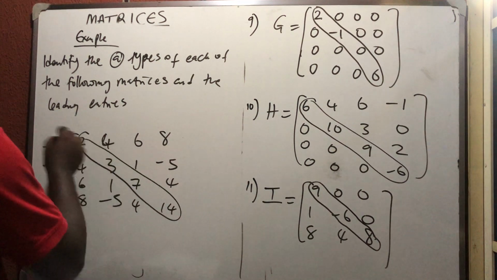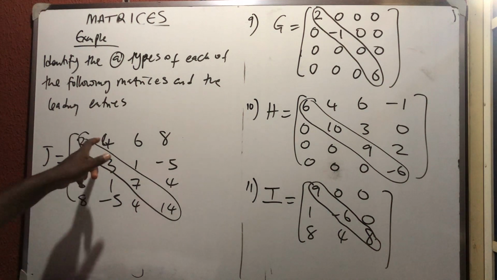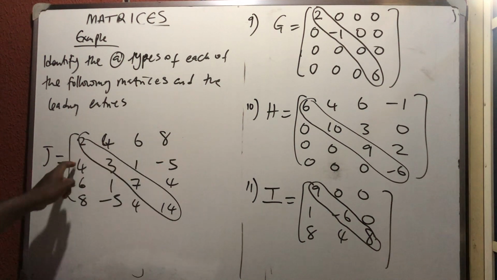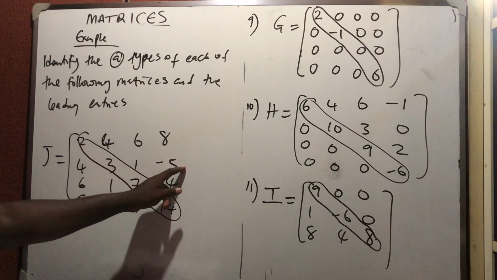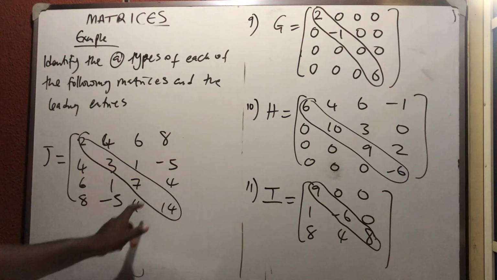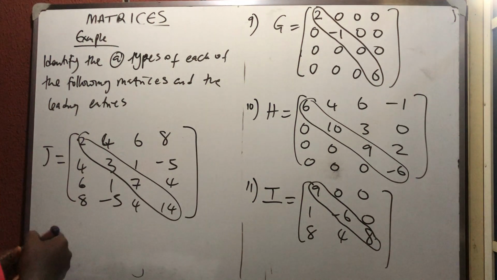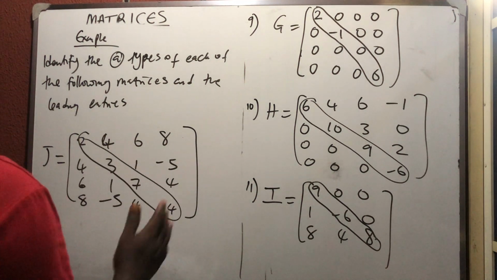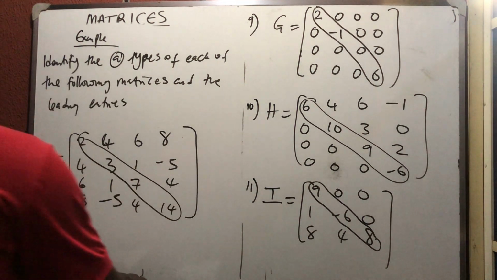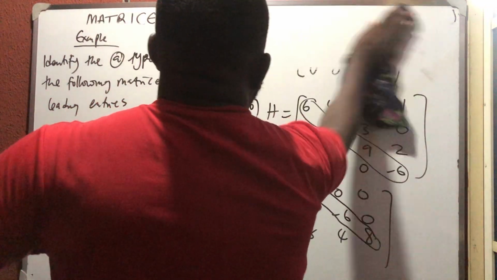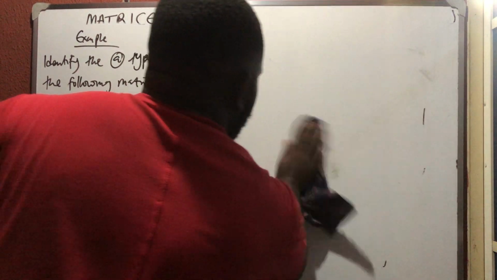If you look at this, the upper triangular and the lower triangular are the same: 4, 6, 8, and 1, 5, 4. Once the upper triangular and the lower triangular are the same, we say it's symmetric. Symmetric means the same. It's a symmetric matrix. Okay, so that is that.